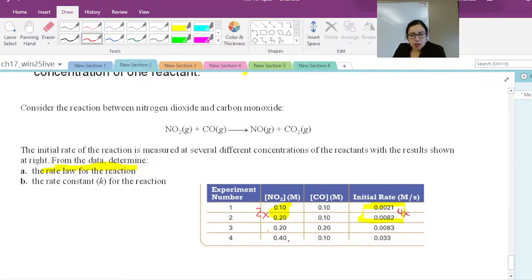So that looks good. Let's slow down a second, because we want to compare. This is decreasing, so that's a little confounding. But let's compare where the CO doubles and the NO2 doesn't change. If we look at the rate for points 2 and 3, NO2 is at 20. We double our CO, but what happens to our rate?